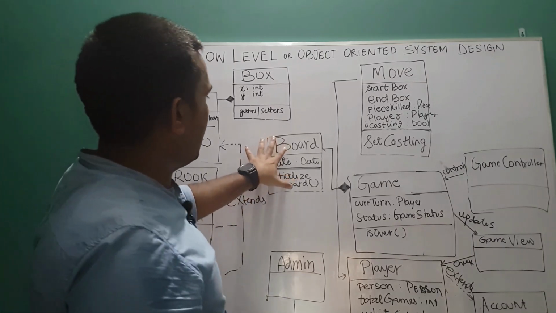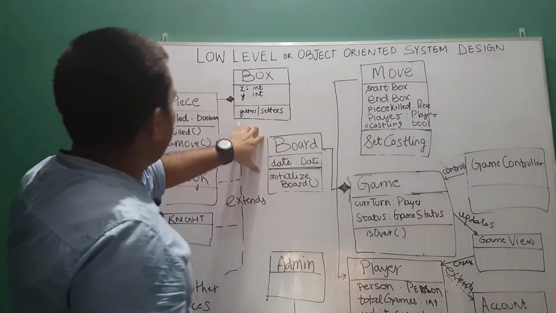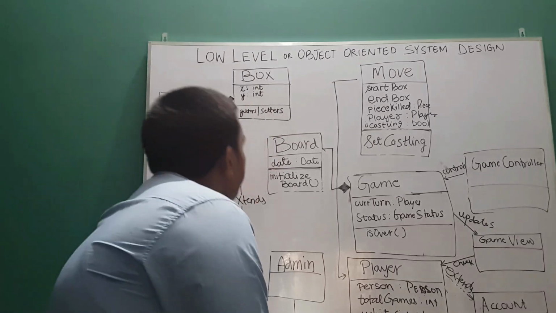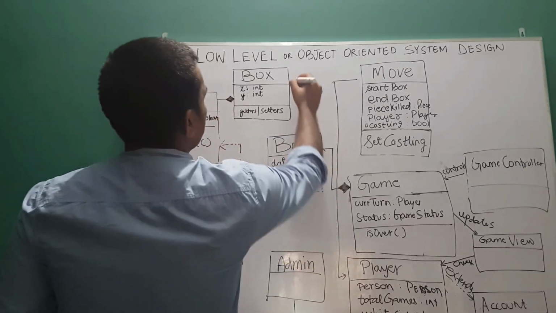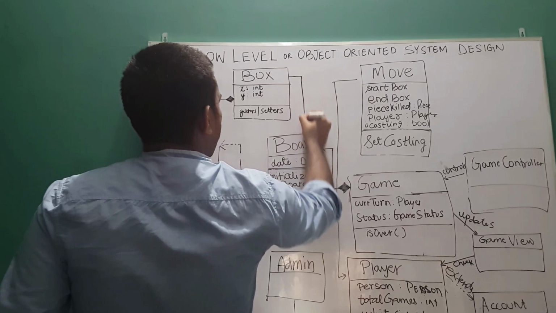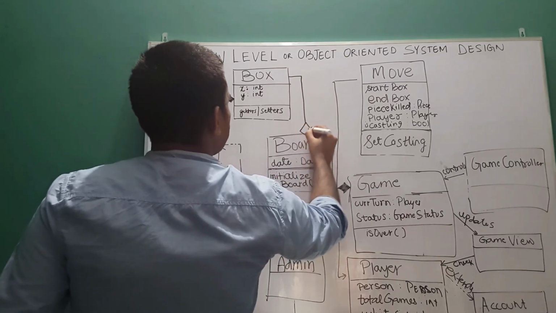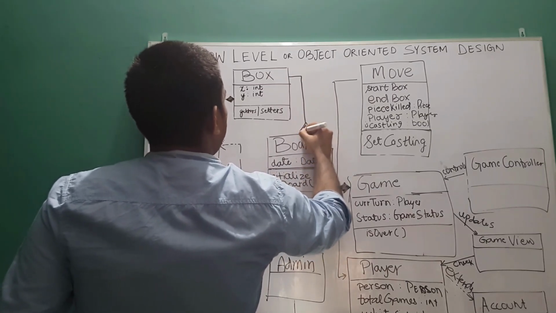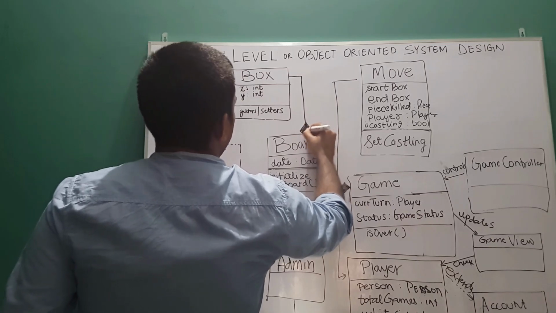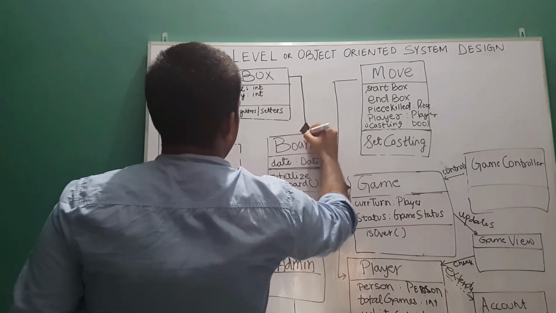Now there will be a board class obviously, and here I missed one thing: the board and box will have a kind of composition relationship. So the box cannot exist on its own, it has to be inside the board only.